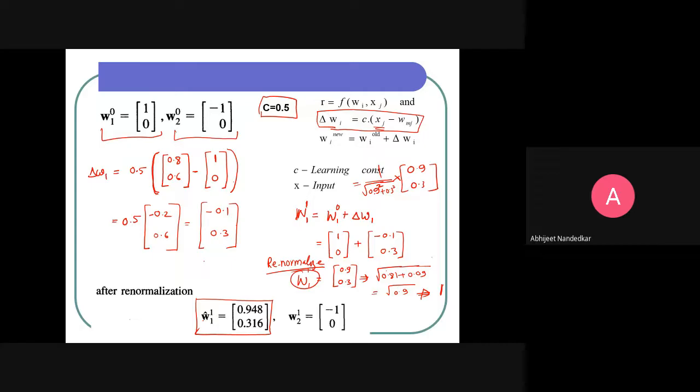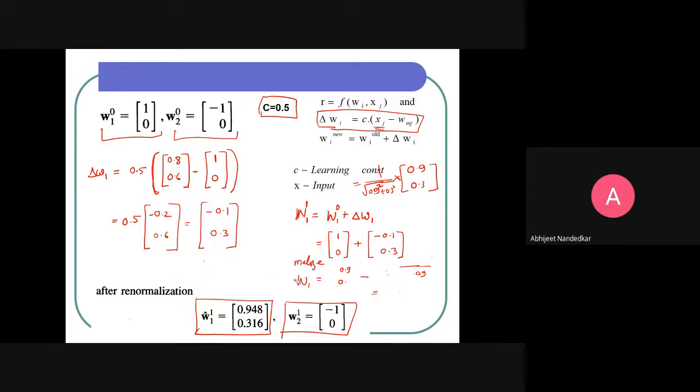Now after renormalization you will see these weights for neuron number 1. Remember, we have not handled or changed the weight for neuron number 2.